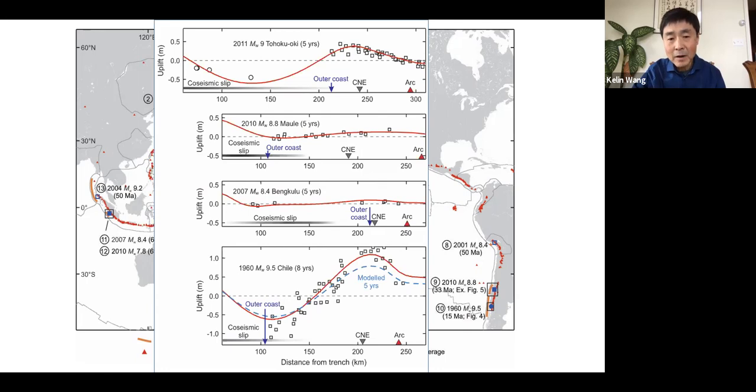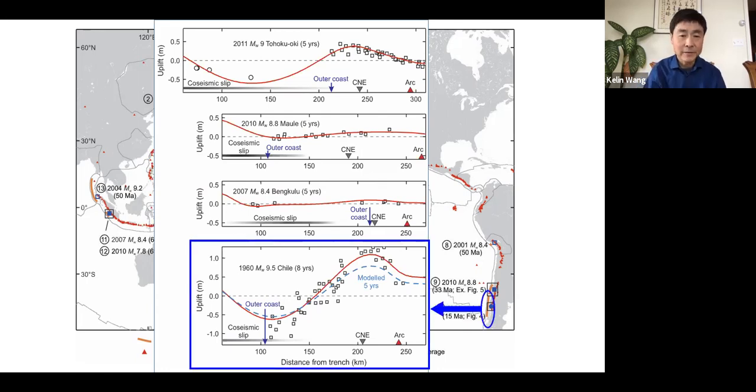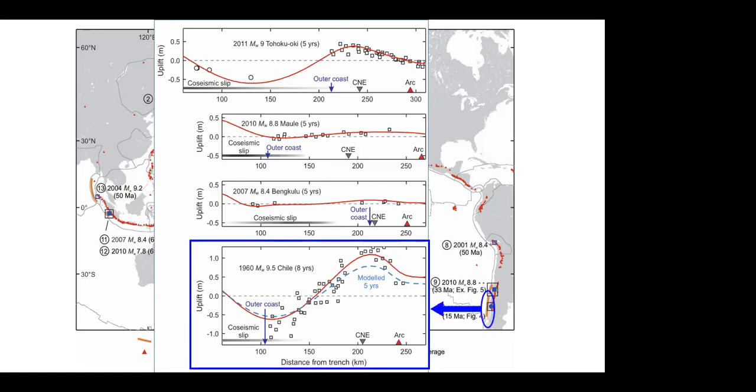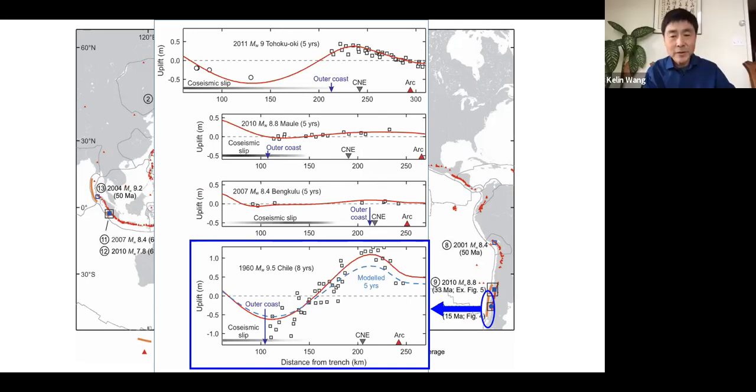The most remarkable is this event, the largest megathrust earthquake, or any earthquake, ever recorded on Earth. Of course, this was back in 1960, and these data were not geodetic observations, not GPS. These are geological observations collected 8 years after the earthquake by George Plafker.